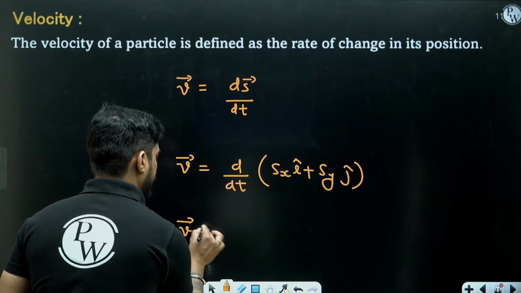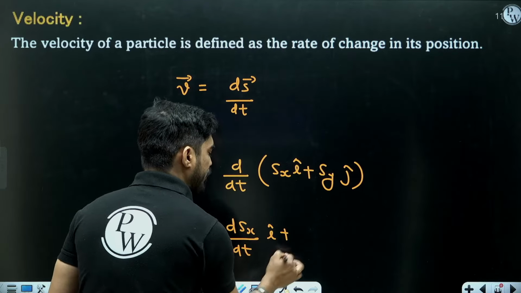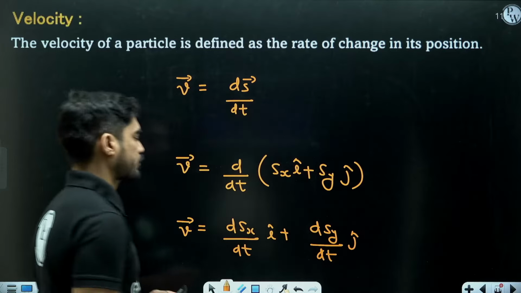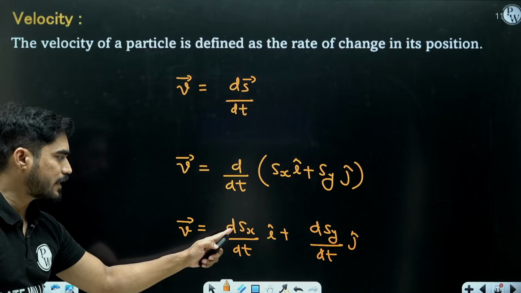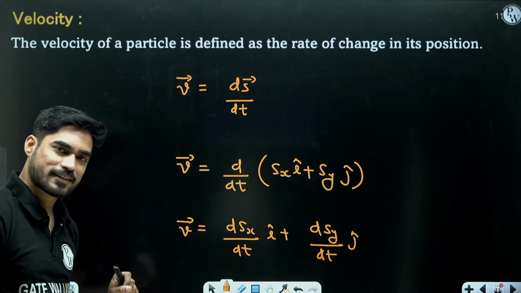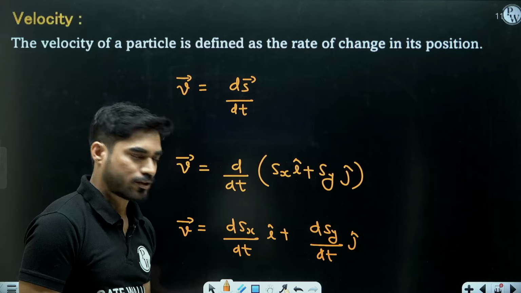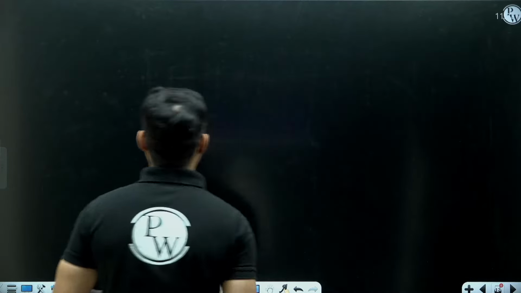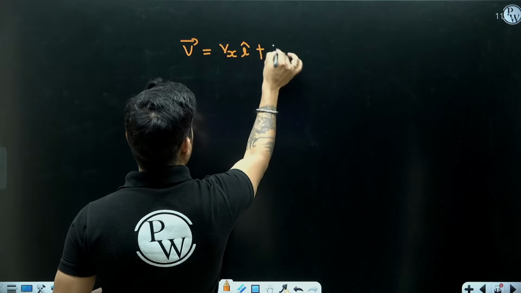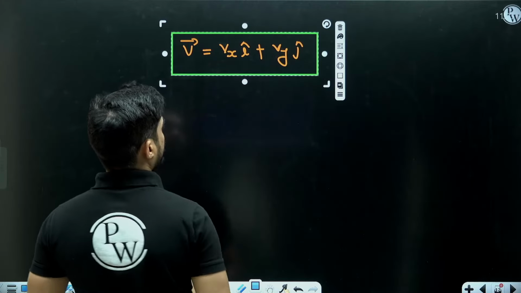So here you can write it like this: dsx by dt i cap plus dsy by dt j cap. Now if you differentiate the displacement in x with respect to time, you will get the velocity in x, and if you differentiate the displacement in y with respect to time, you will get the velocity in y. So I can write this as Vx i cap plus Vy j cap.